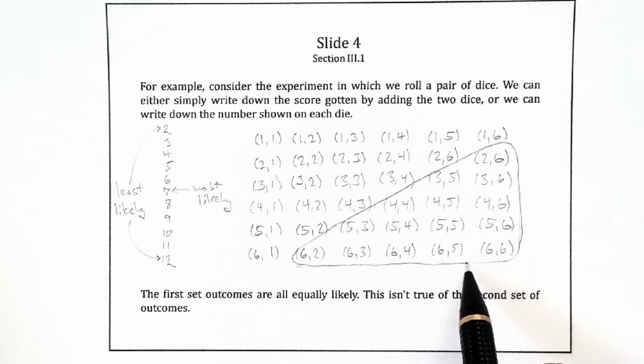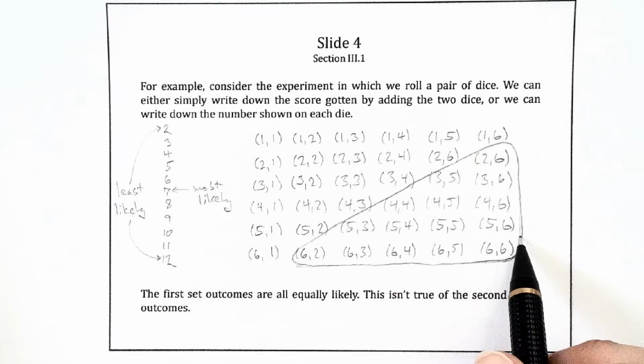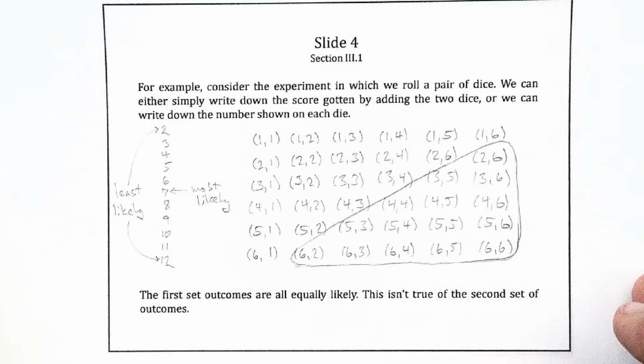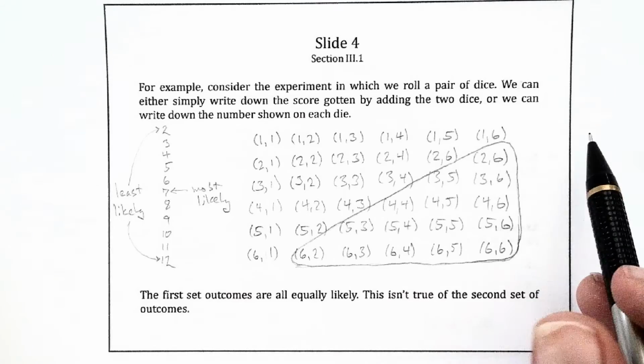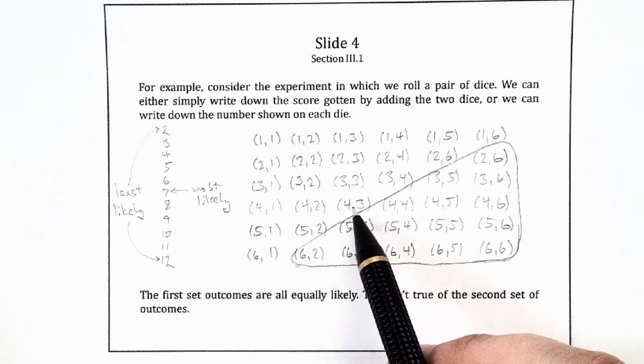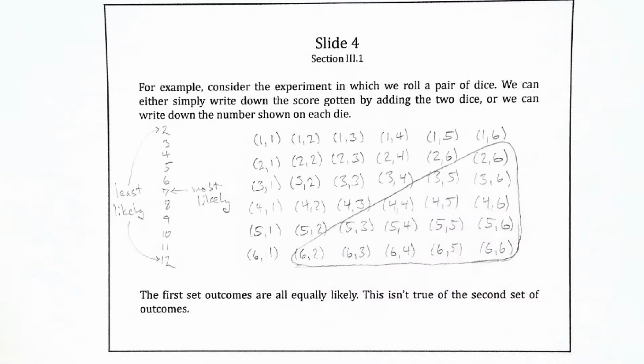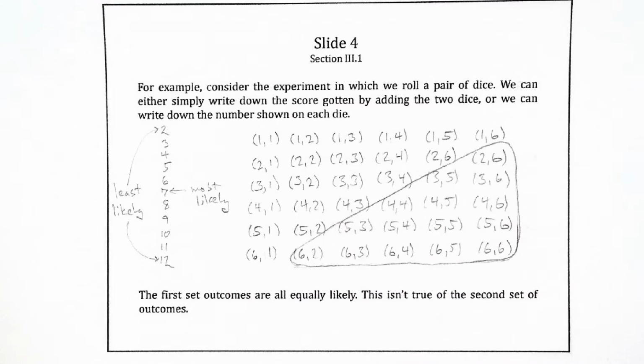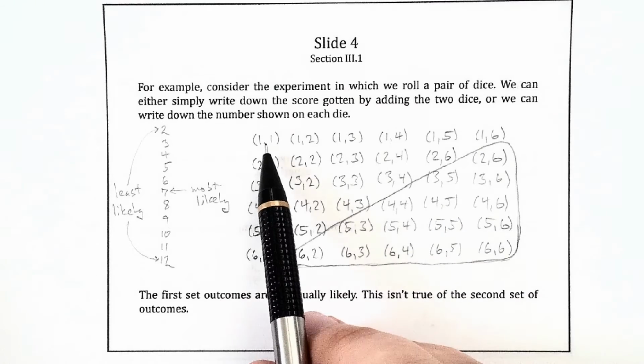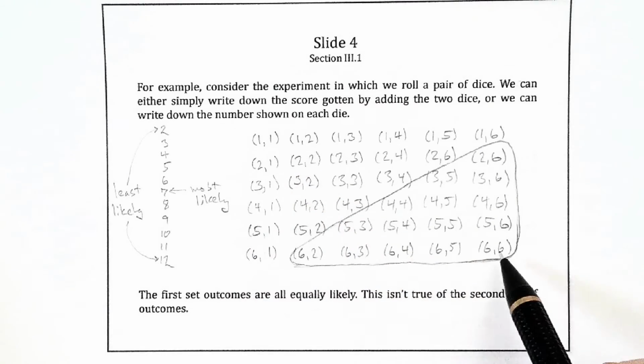By the way, when we're looking at this list, you can really see why some things are more likely and some are less. 7's the most likely because there's 1, 2, 3, 4, 5, 6 ways of getting a 7. 2 is very unlikely because there's only one way you could get that. Same for 12. Okay, but 8, 9, 10, 11, or 12.